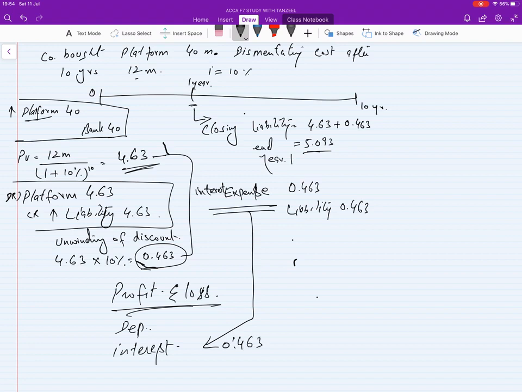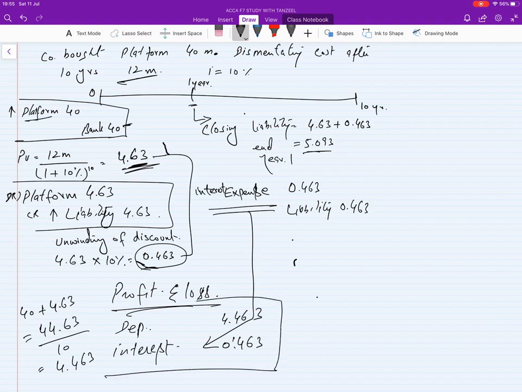And how do we calculate depreciation? 40 million plus the present value of the dismantling cost, 4.63, so it is 44.63, divided by the number of years, 10 years. So the depreciation is 4.463. Depreciation and interest will go to profit and loss.